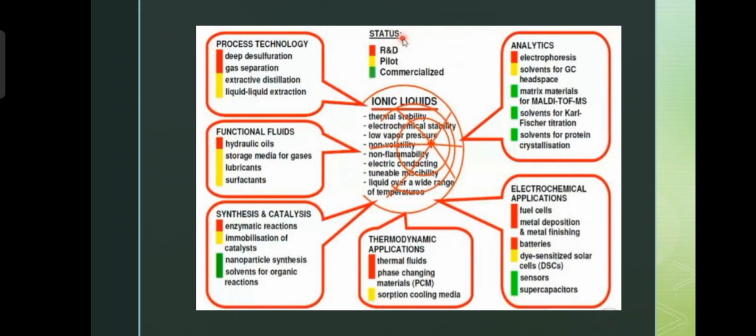And here you can also see the stage, whether it is used for R&D, pilot, or commercialized. Here you can also see process and technology, functional fluids, synthesis and catalysis, thermodynamic applications, chemical applications, and analytics.